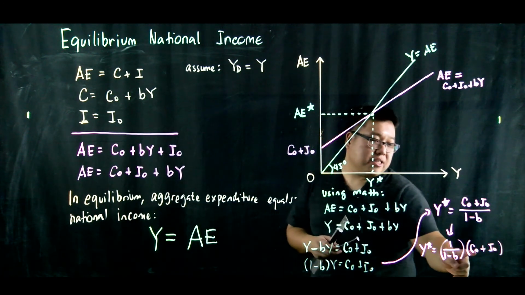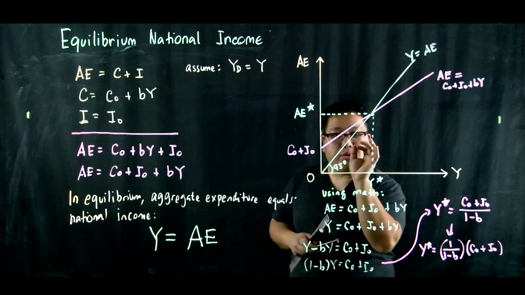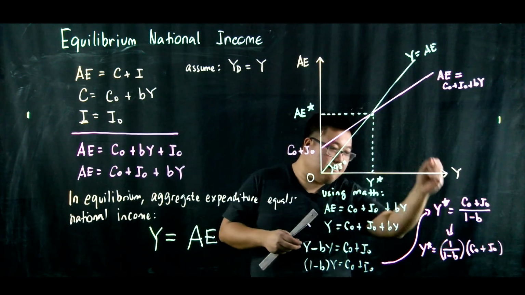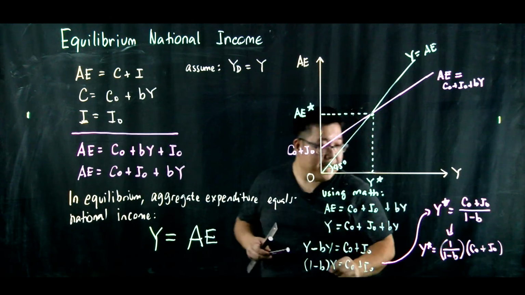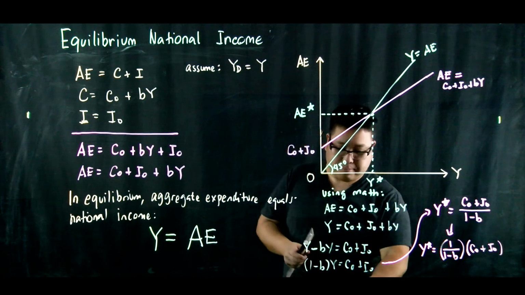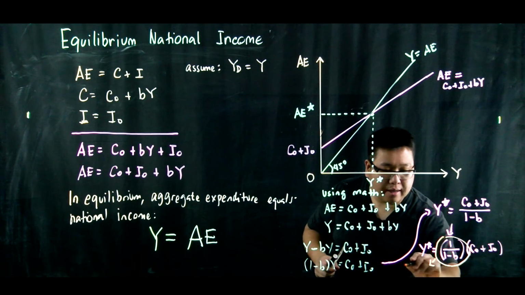So remember, our C sub 0 plus I sub 0 right here, these are all of the autonomous expenditures: autonomous consumption expenditure and autonomous investment expenditure. And this 1 over 1 minus B is called the simple multiplier.